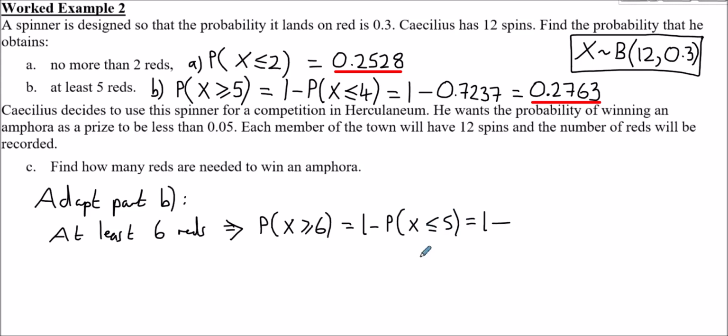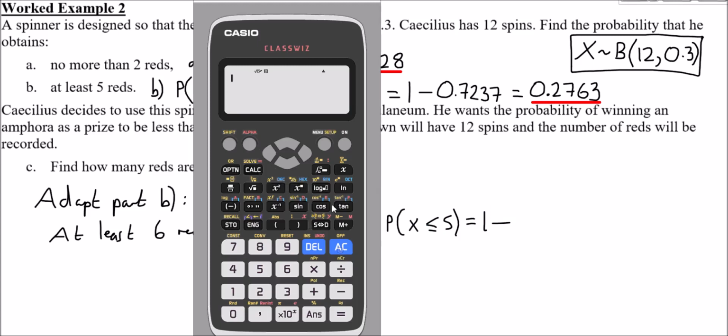So let's work out what 5 or less would be. Menu, 7, scroll down, binomial CD, number 2 for variable. Now we want 5 or less out of 12. The probability of success is 0.3. 0.8821.